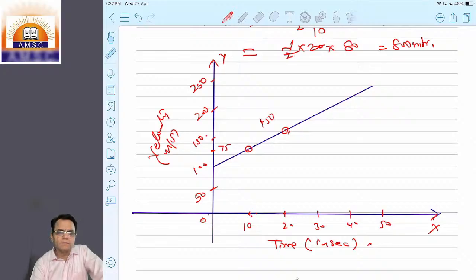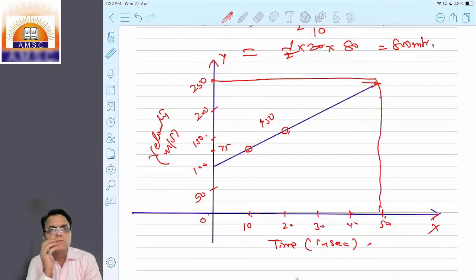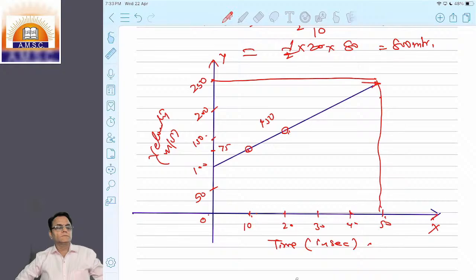Something of that sort. मान लिया in 50 second the speed is 250, for example. But my first question is explain this graph. Anyone? Think your level best. I need the explanation of the graph.